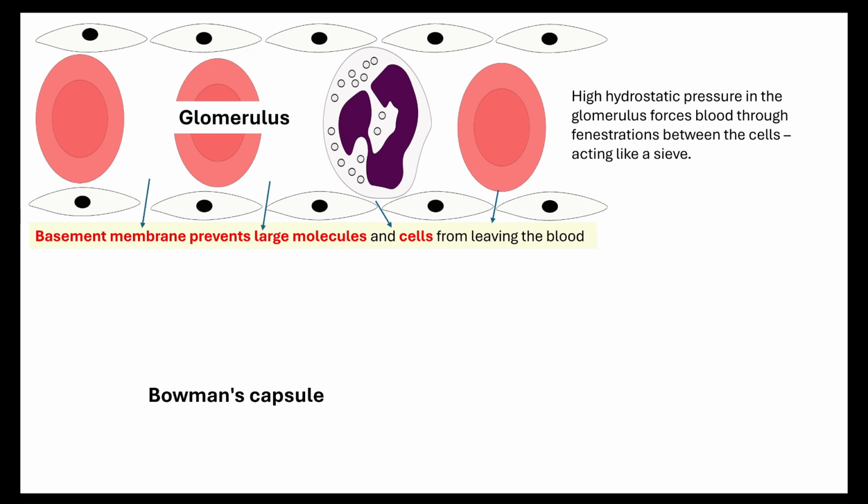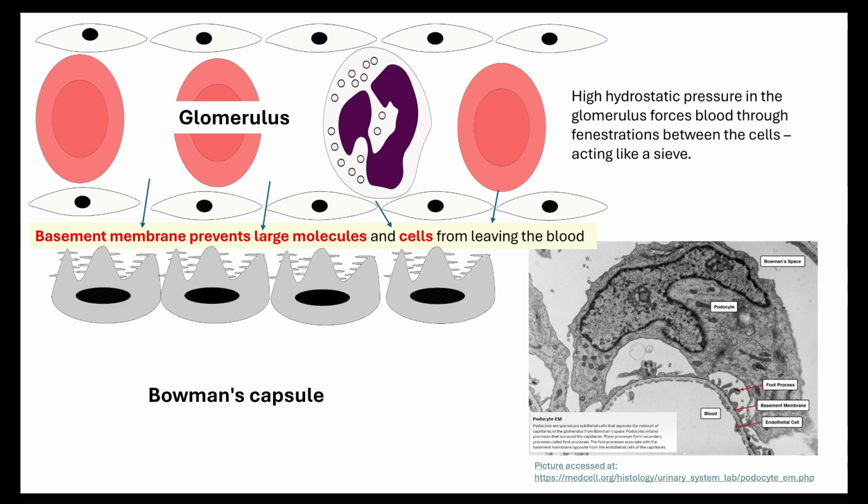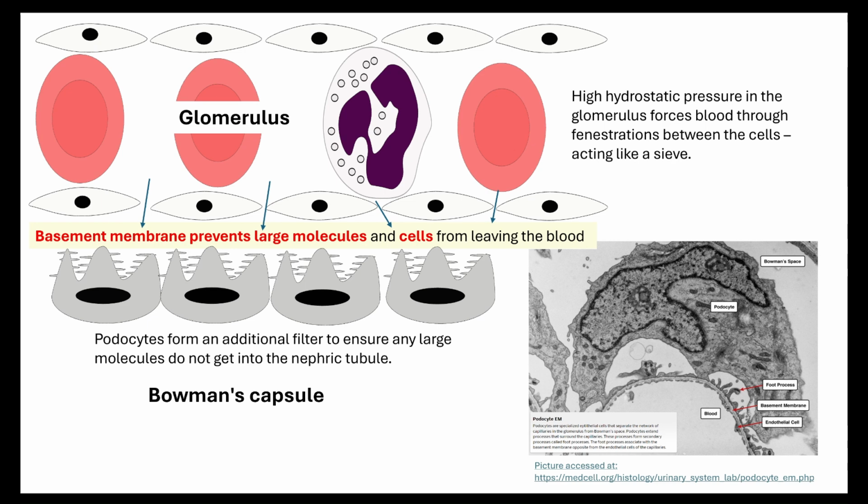We also have these extra differentiated cells called podocytes. These podocytes form an additional filter. They ensure that if anything has got through the fenestrations and passed the basement membrane, they act like a further sieve and prevent any of those large molecules from getting into the nephron tubule.